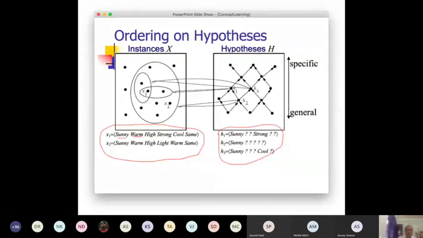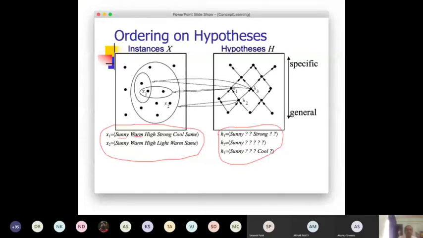There is wind, humidity, wind speed, and maybe the water conditions, the temperature of water, and the forecast. So these are the six dimensional space, and these are the six variables or six attributes which provide you certain facts about a day.